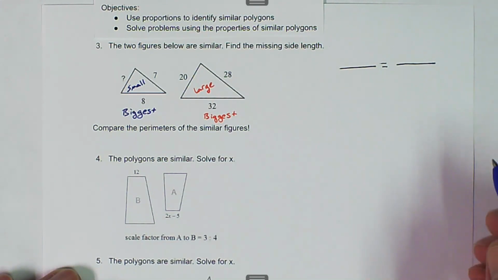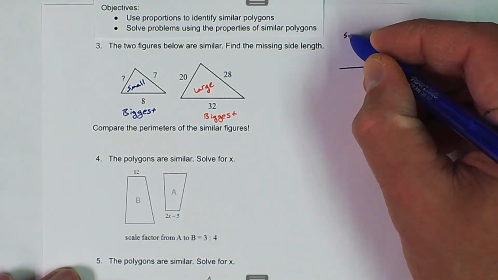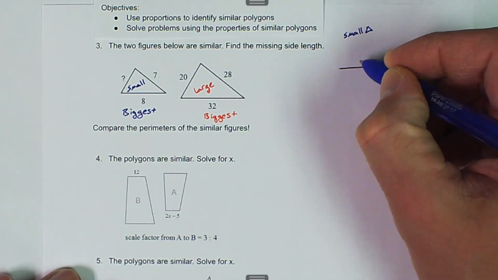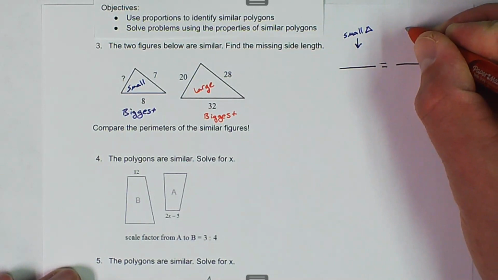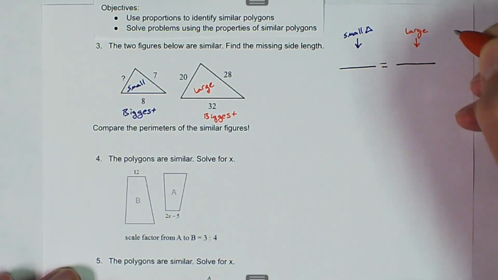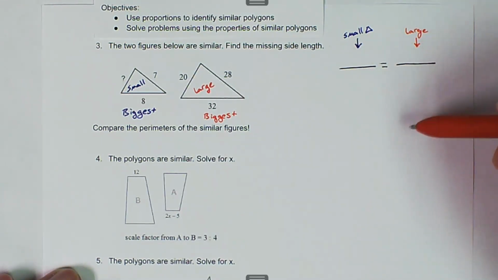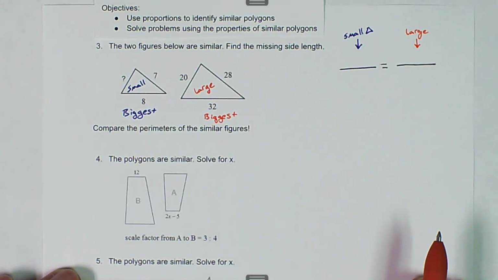And what I mean by that is, let's say that all the small triangle information has to be in this proportion right here on the left, and all the large triangle information needs to be right there on the right. Okay, so we'll make sure that we stack it this way. The other thing that we need to pay attention to is stacking it this way, left and right.